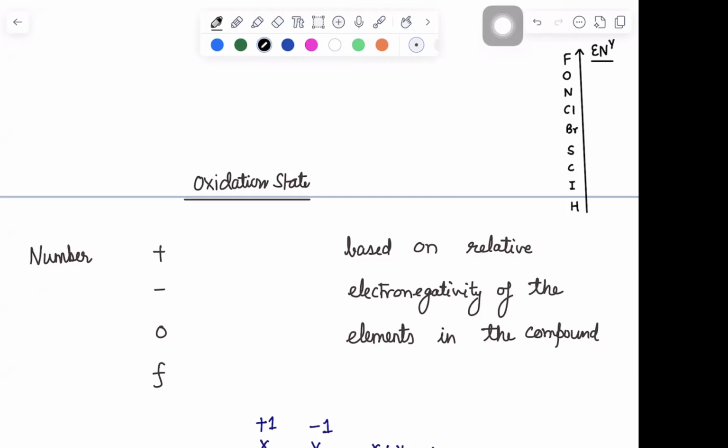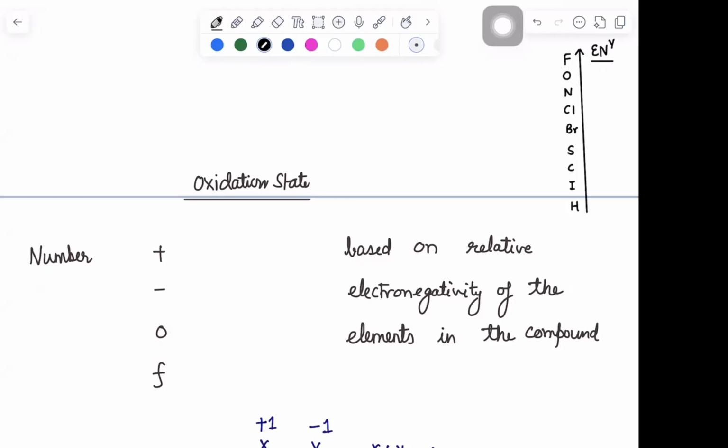This is the sequence. Please note it. Electronegativity sequence: fluorine, oxygen, nitrogen, chlorine, bromine, sulfur, carbon, iodine, hydrogen.